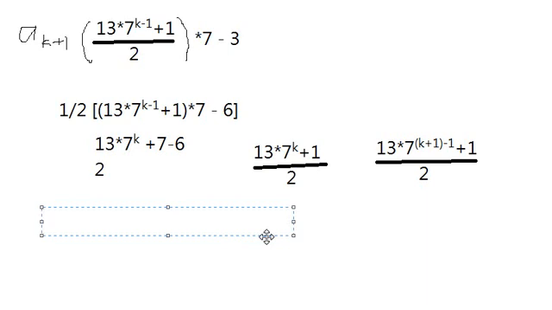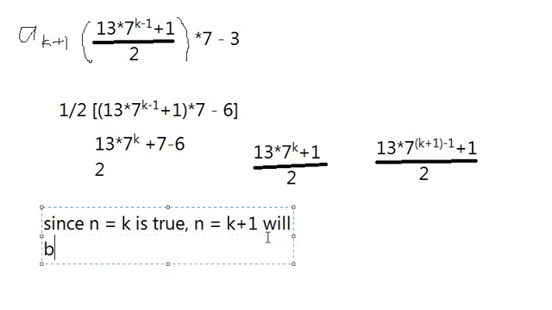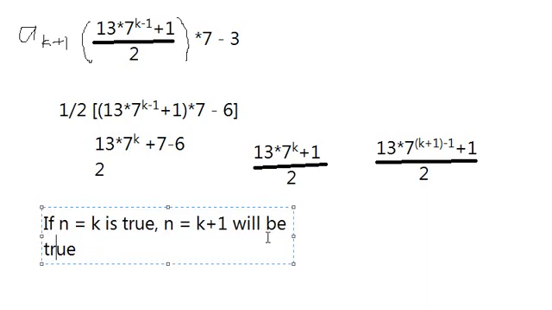So the answer to this is that since n equals k is true, n equals k plus 1 will be true. Not since, if n equals k is true, then n equals k plus 1 will be true.